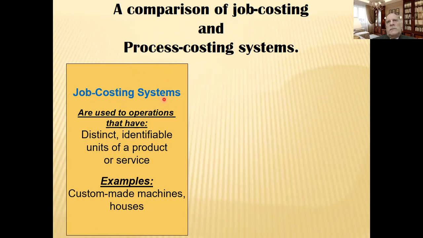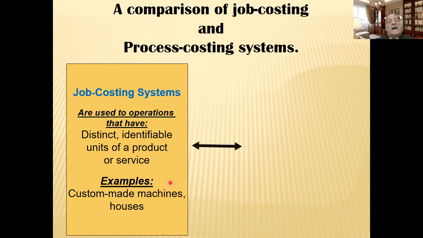As you learned in chapter number 4, job costing systems are used to operations that have distinct identifiable units of a product or service. For example, custom-made machines, houses, shipbuilding.